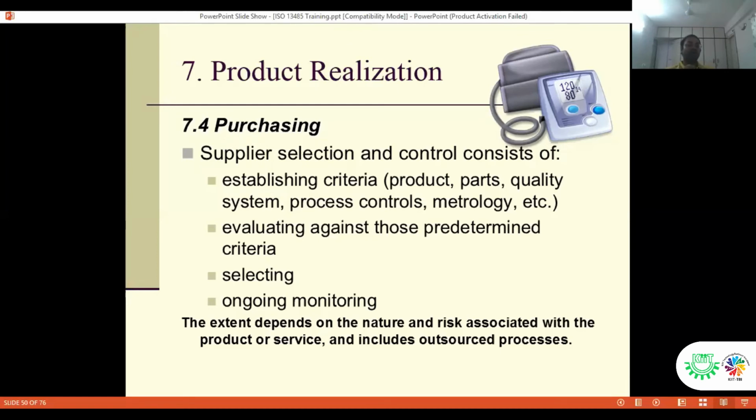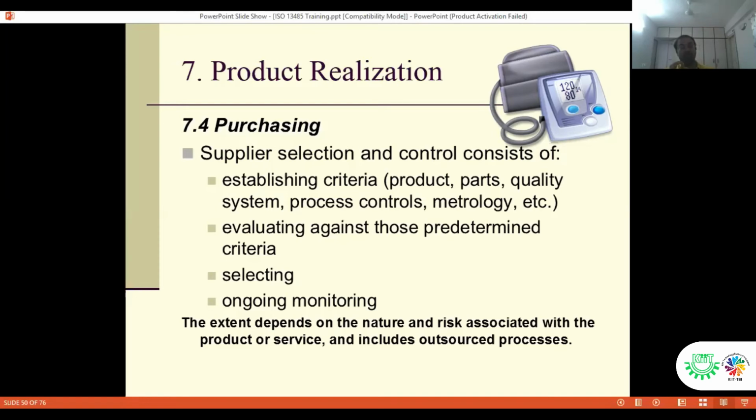Once the supplier evaluation has been completed, you prepare an entire matrix of all the critical and non-critical suppliers, and accordingly you do all the purchasing activity from the suppliers. You are not able to purchase your product from outside that list.